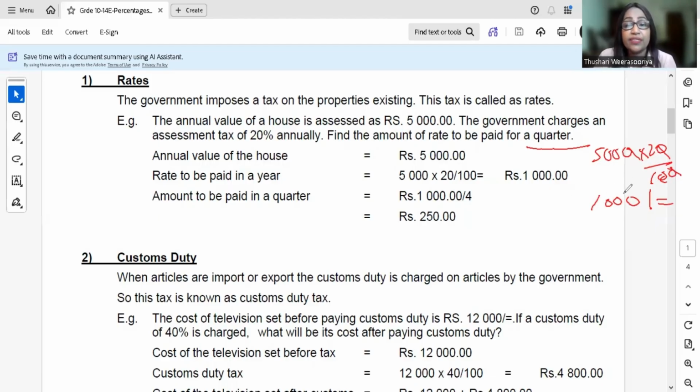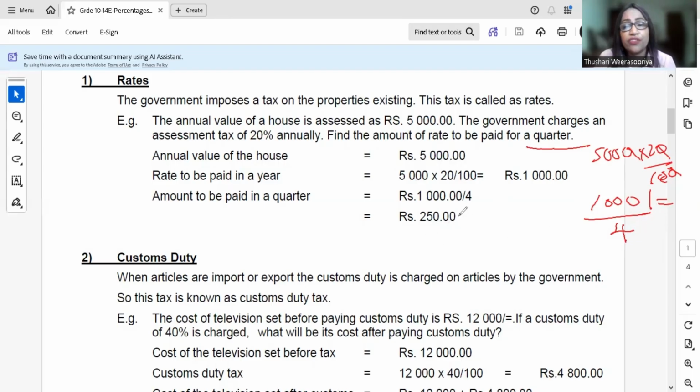So for easiness, they divide this money into 4 pieces, right? Then one piece is called a quarter, right? Every 3 months they charge. If you don't have this much money, you can pay every 3 months: first 3 months, second 3 months, third 3 months, fourth 3 months, like that you can pay, or you can pay at once, right?